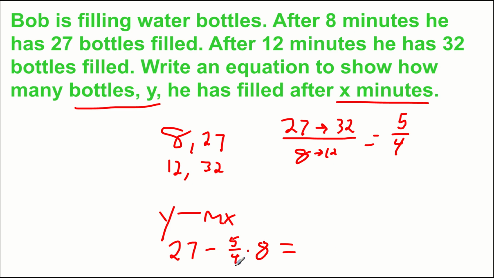So 8 divided by 4 is 2. 5 times 2 is 10. 27 minus 10 is 17. So we got y equals 5/4 x plus 17.